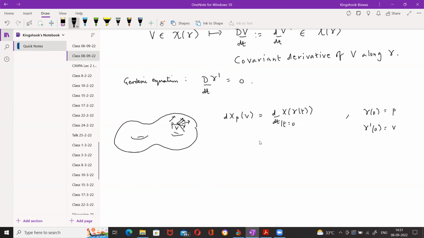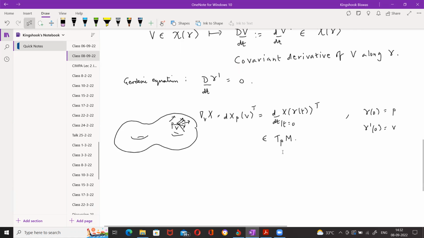So I get a vector in R^n, then I take its tangential component. So this will be the covariant derivative, nabla sub v of X. Is this clear? Yes, sir. So this will be a vector in T_pM.